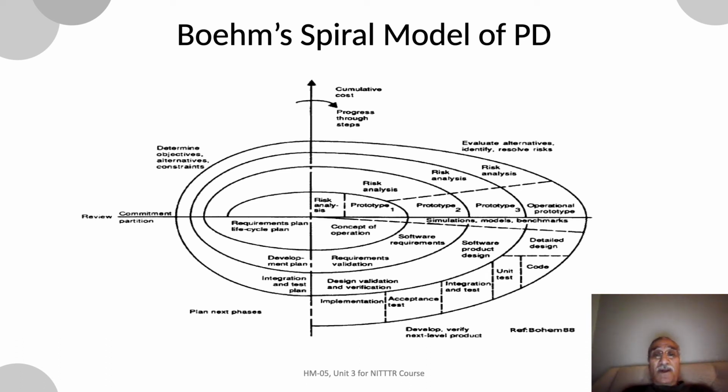And this concept of operation and requirements plan gets into prototype development. Once we have done this, we go through the software requirements and requirement validation, whether it is meeting those requirements and specifications, make an improvement in the development plan, make the second prototype, run through the simulations and create other models, again going through the iteration process.